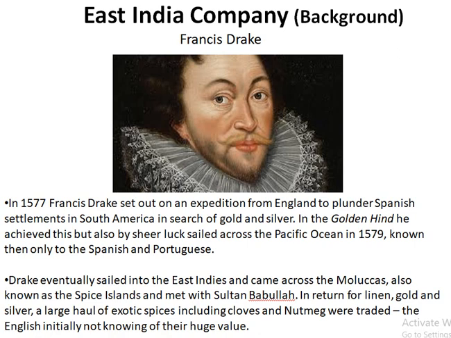Drake eventually sailed into the East Indies and came across the Molucca, also known as the Spice Islands, and met with Sultan Babullah. In return for linen, gold, and silver, a large haul of exotic spices, including cloves and nutmegs, were traded. And the English initially did not know the huge value of these spices.